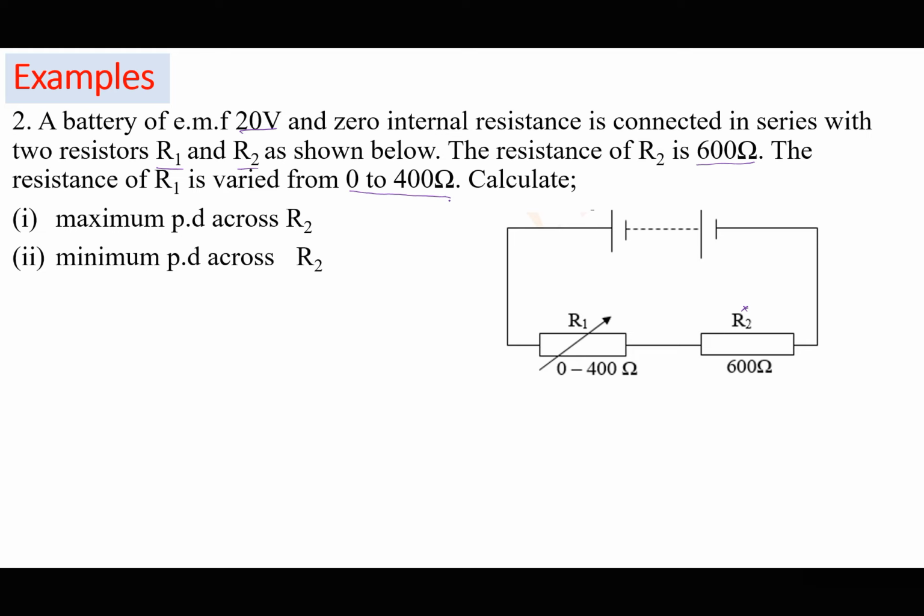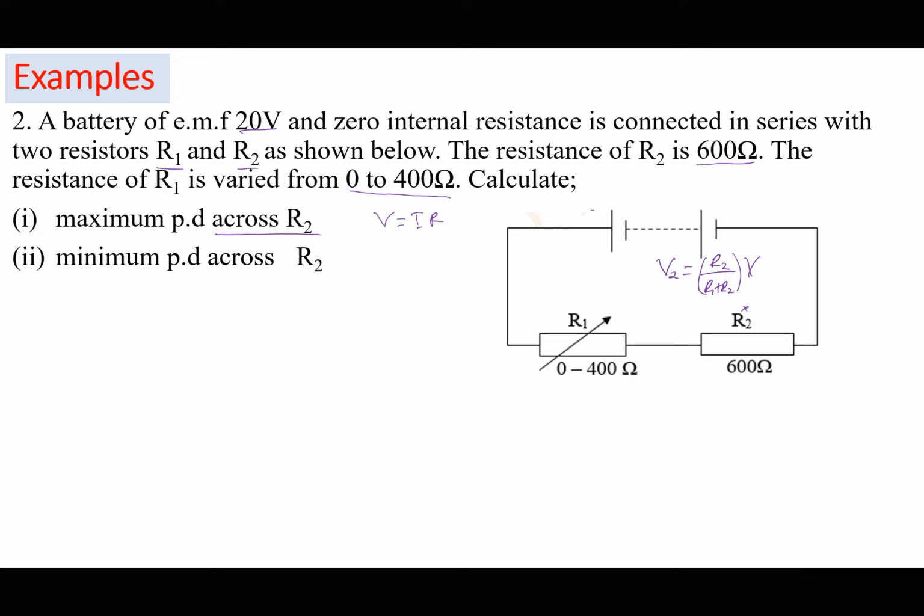Calculate the maximum PD. To have maximum PD, note that V is equal to I times R. We want maximum PD across R2. Using the potential divider formula, remember, PD across R2 is going to be equal to R2 divided by total resistance R1 plus R2, then times the voltage supply, which is V. So if we want V2 to be maximum, then the denominator should be small.